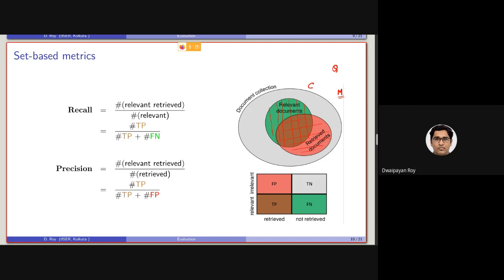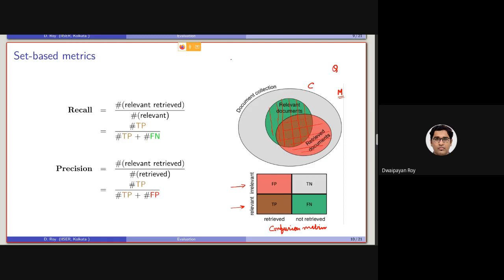Okay, so before that, let's discuss another thing that is called a confusion matrix. Here, in the first row, it is basically the irrelevant or non-relevant documents. In the second row, it is basically the relevant documents. And this is indicating the retrieved documents and not retrieved documents.